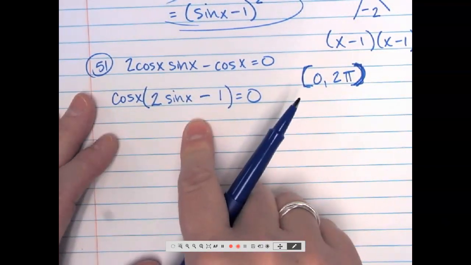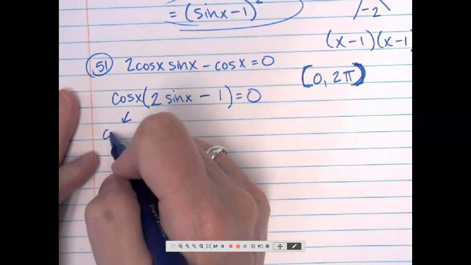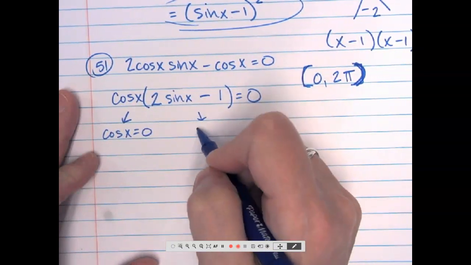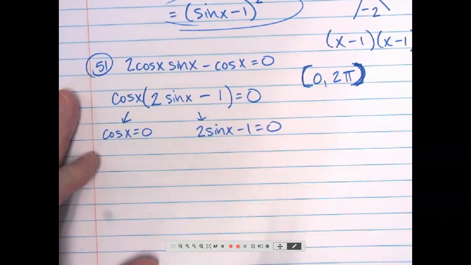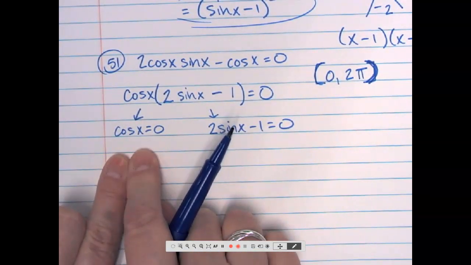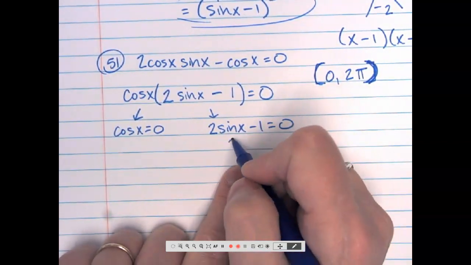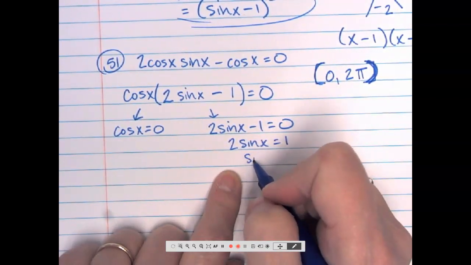Okay, if any two factors are multiplying to give us 0, the only way that can be true is if at least one of these is 0. So we set them each equal to 0. That one, I'm ready for the unit circle. This one we need to do a tad bit more work. I'm going to add 1 over and then divide by 2.